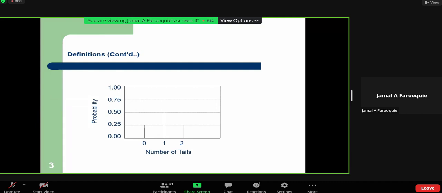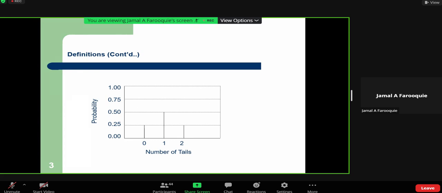Is that point clear now? Number of tails in our case is a random variable which we can denote by X. What does it describe? Number of tails.